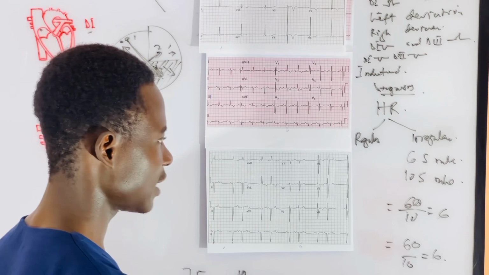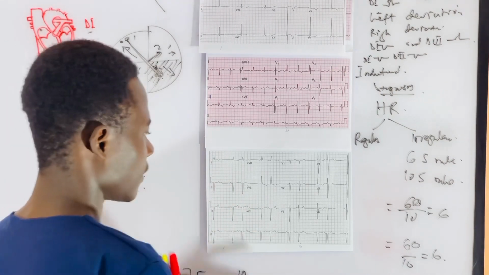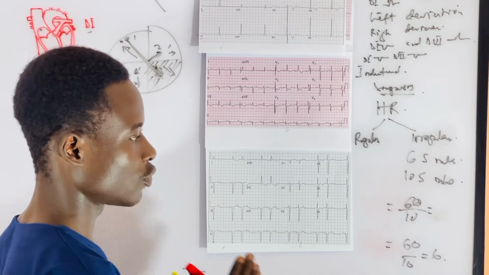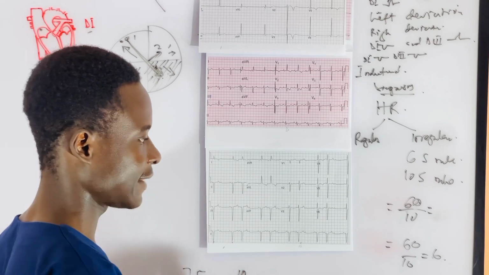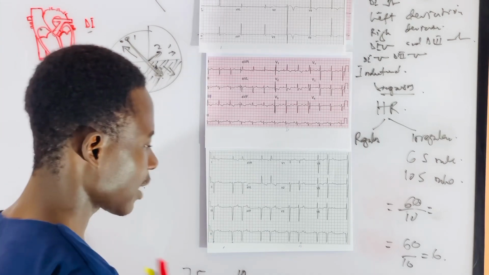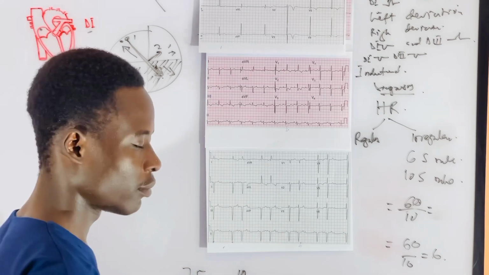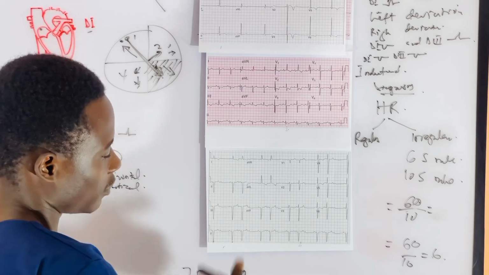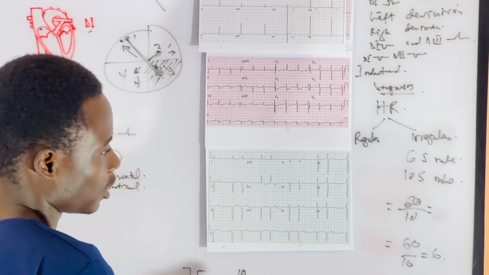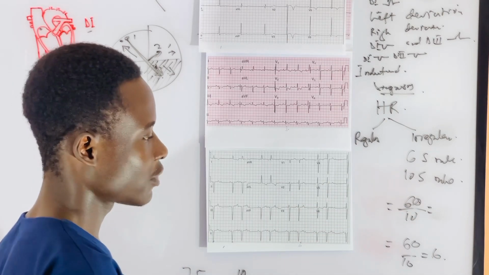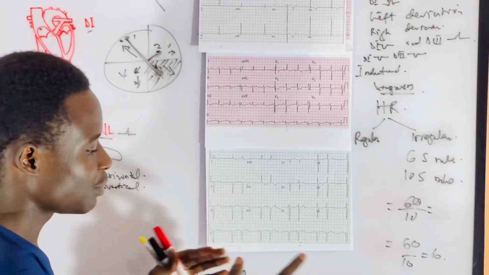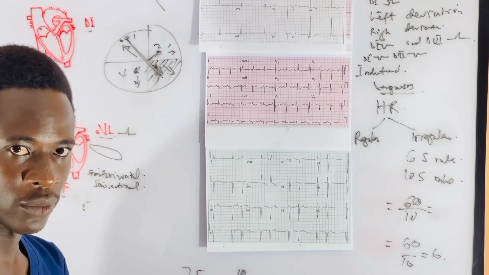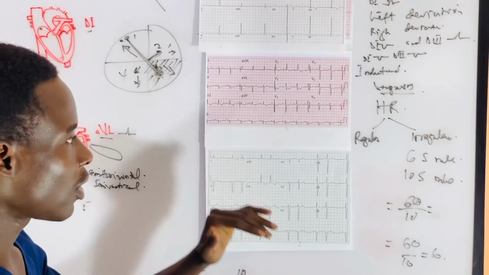I repeat, for the 6 seconds rule, 10 is our constant, because when you divide 60 by 6, you get 10. So with the constant 10, you count 30 big boxes, and within these 30 big boxes, you count the number of R waves. You multiply that number by 10, and you get your heart rate. So this is basically how you calculate the heart rate using the graph, whether it is regular or irregular.